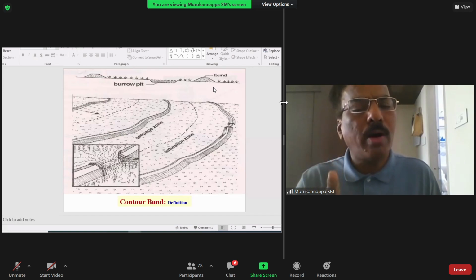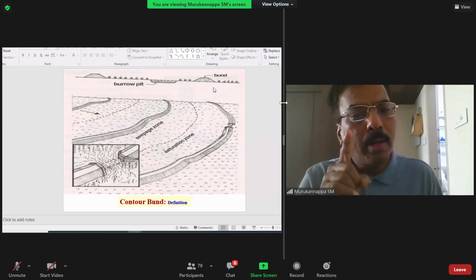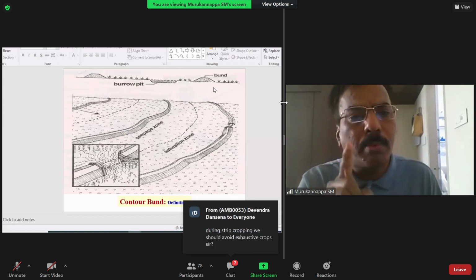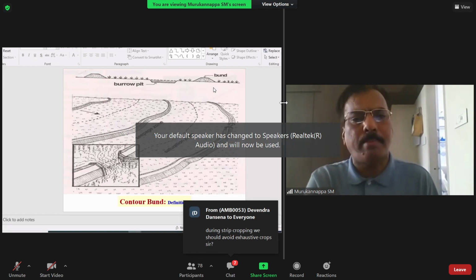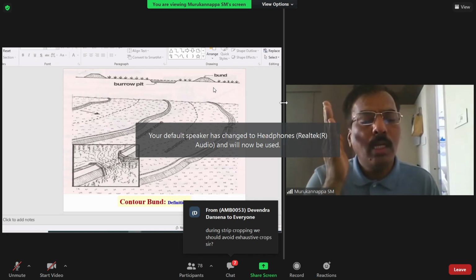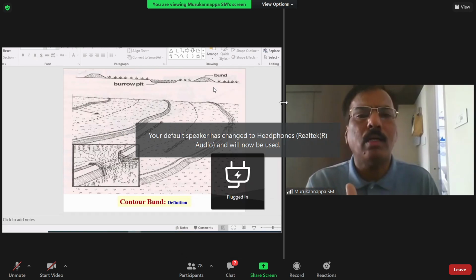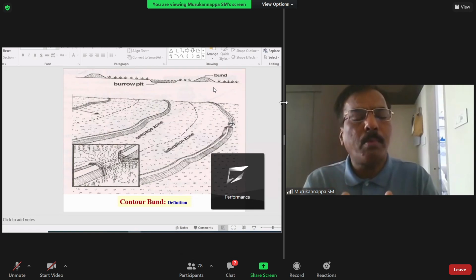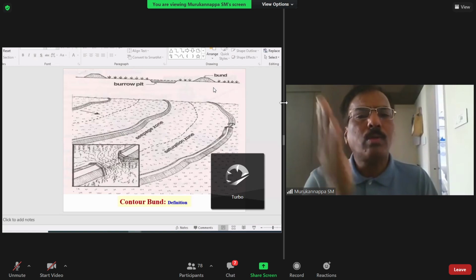If you want to conserve the rainwater and also control soil erosion, then by adopting conservation practices, agronomical practices alone, there is one technique you have to adopt. It is not necessary to grow the crops I told you about; it is one technique. If you have crops growing in that area, you can follow this to conserve the rainwater. Is it clear, Dilip Kumar?